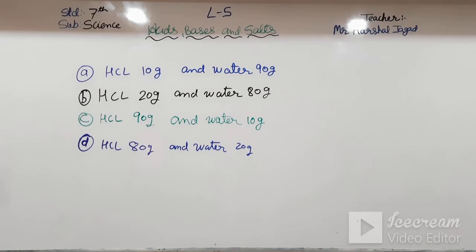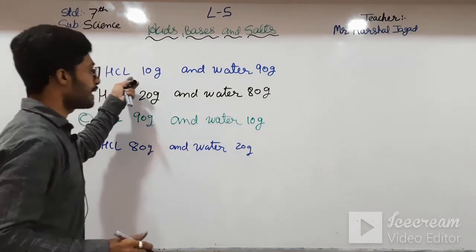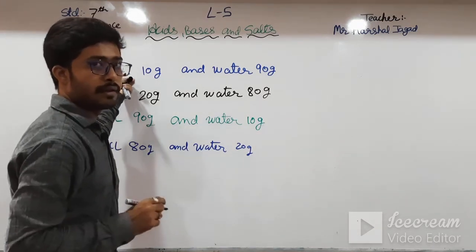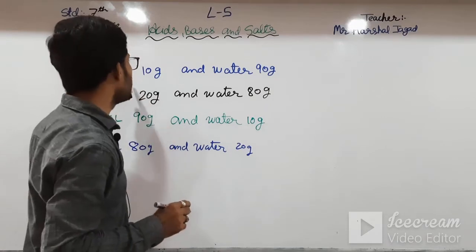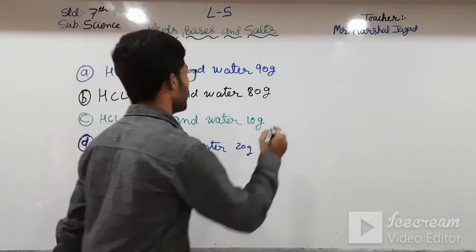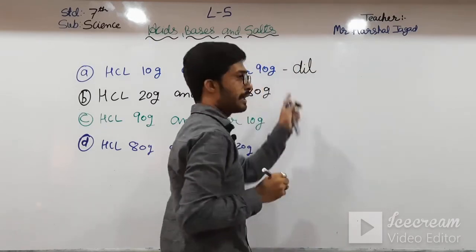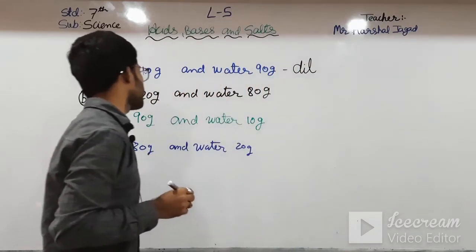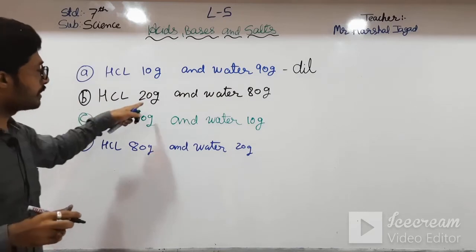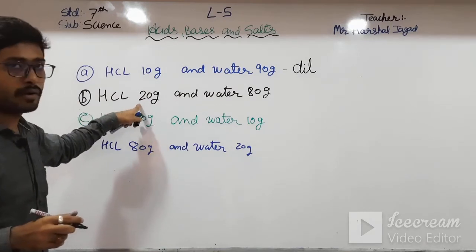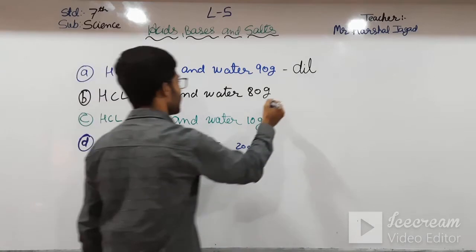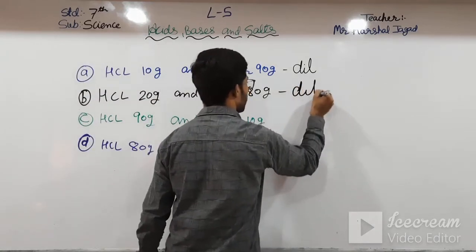So firstly in this, the acid grams are low, so it is dilute. I am writing in short, dilute, okay students. And here also the acid is low in weight, so here also it is dilute.